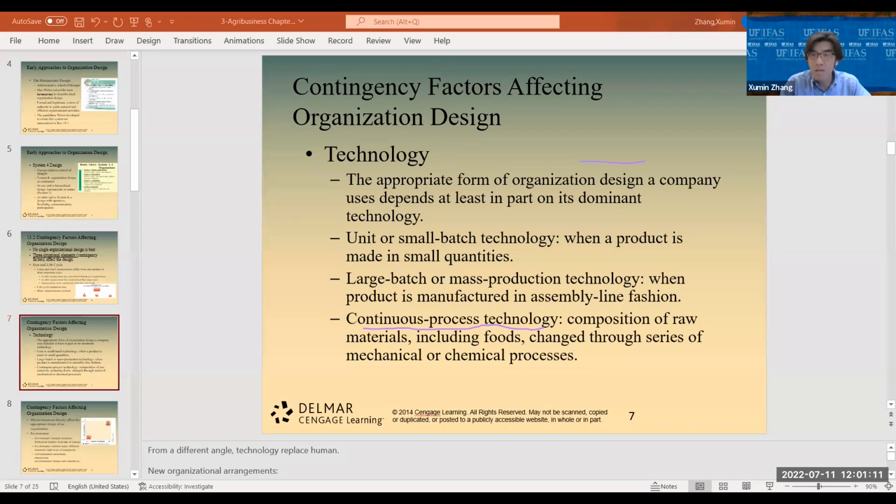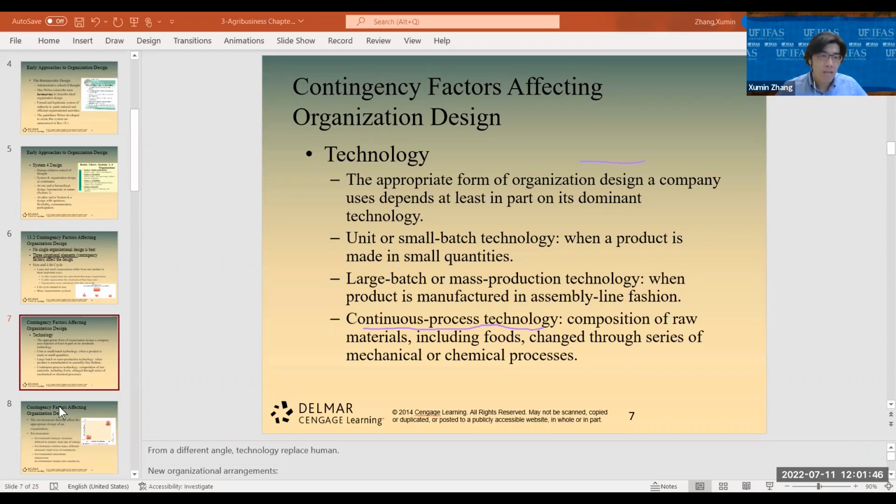So we need to adopt the system 4 approach, focused on the employee. But if we narrow down to the production process, probably the machine takes over and we care less about the employee. So it is a combination of system 1 and system 4. And I have to say, for all systems, it depends. This gives us a general idea of how technology will affect the organization design.